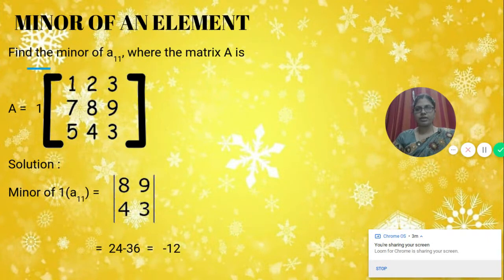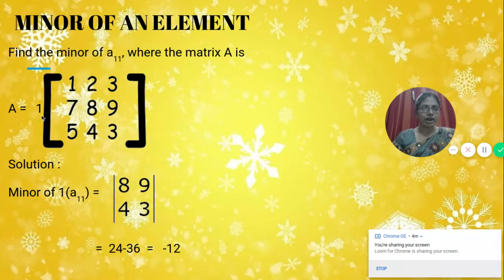We'll take an example. I have taken a 3 cross 3 matrix, and now we are going to find the minor of the element a11, that is the first element, in the first row and the first column. To find the minor of an element, I have to cancel the row and the column where the element lies.